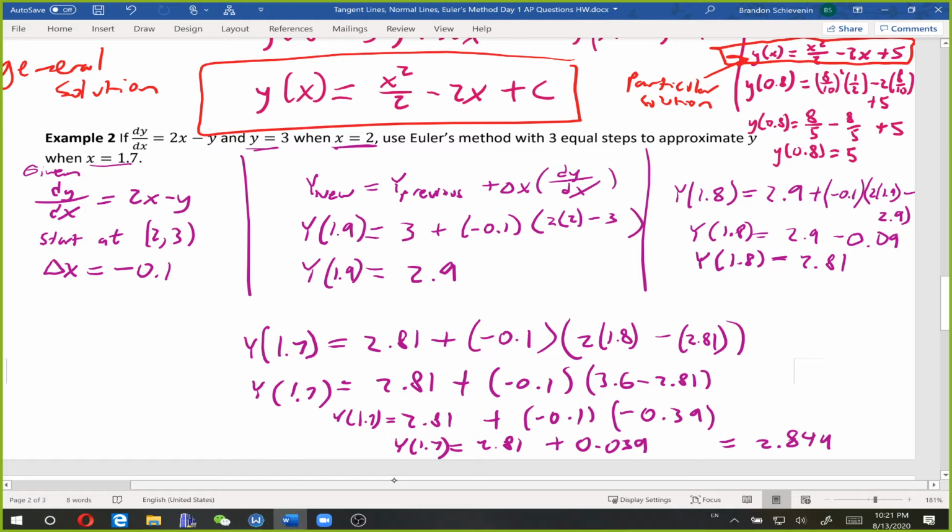3.6 minus 2.81 was 0.79. Oh, you're right. Okay. Thank you. And then it's positive 0.79.